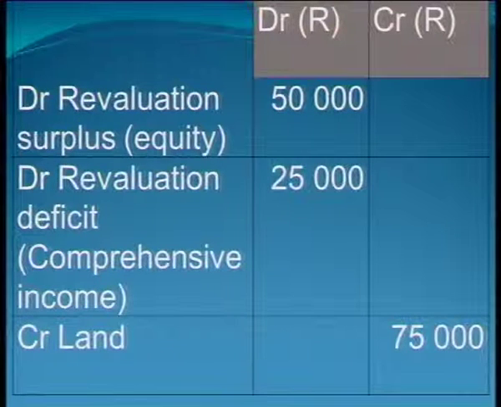You will debit revaluation surplus in your equity account, 50,000. Then you debit the revaluation deficit in comprehensive income, 25,000. And then obviously our land is going to be decreased by 75,000, as it's not worth 150,000 anymore.